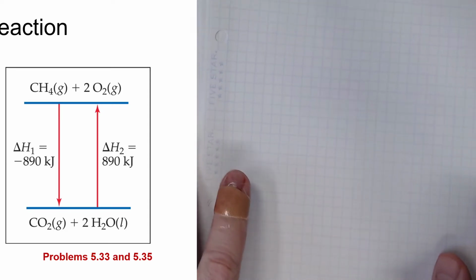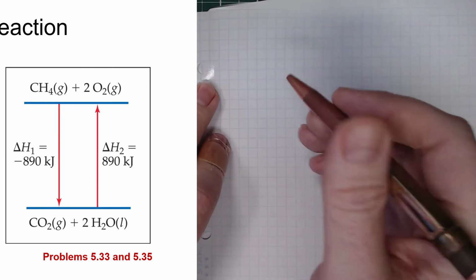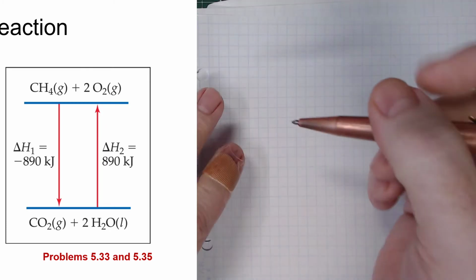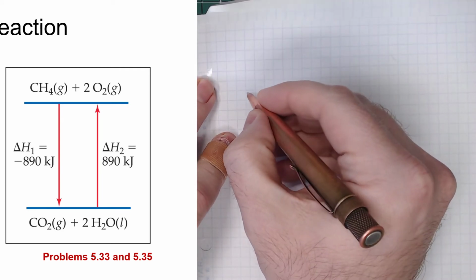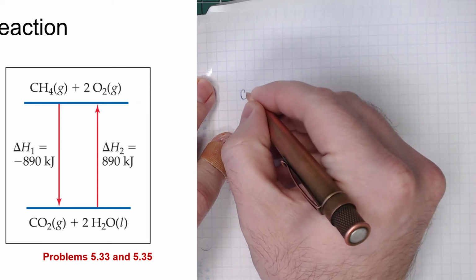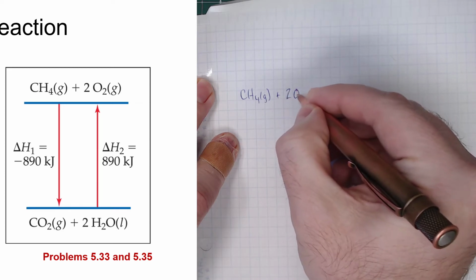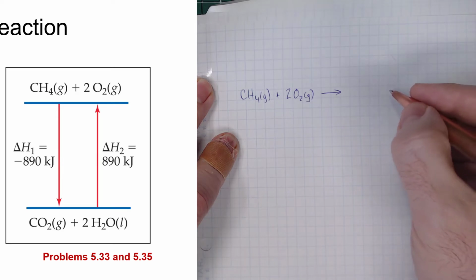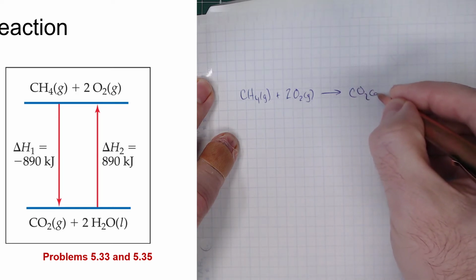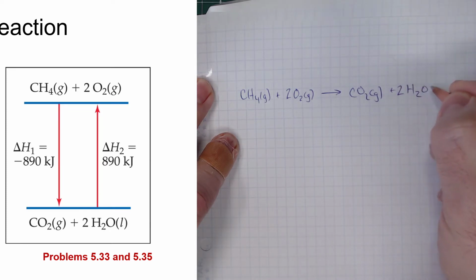All right, so here we've got the reaction. The way we can interpret this and write a thermochemical equation is first we could say, well, we've got CH4 gas plus 2 moles of oxygen gas, and that gives us 1 mole of CO2 gas plus 2 moles of H2O, and here it does specify a liquid.